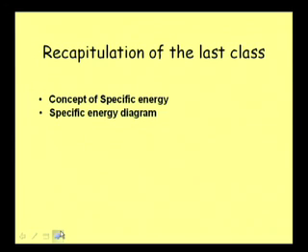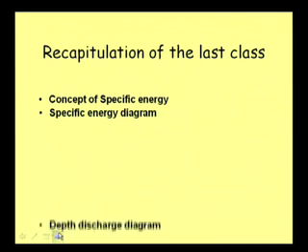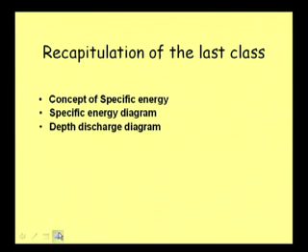This specific energy is a function of the drift. So, if we plot the drift and the specific energy, that diagram we call the specific energy diagram. Then we discussed another diagram that we call the drift discharge diagram.